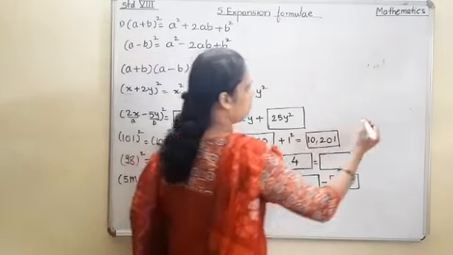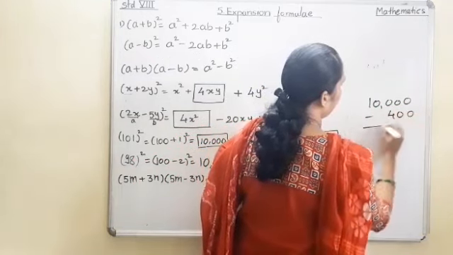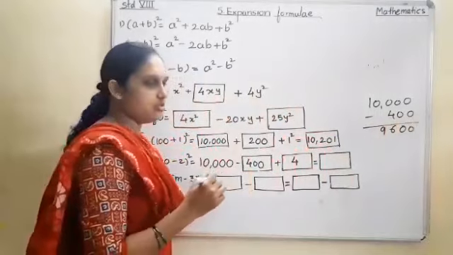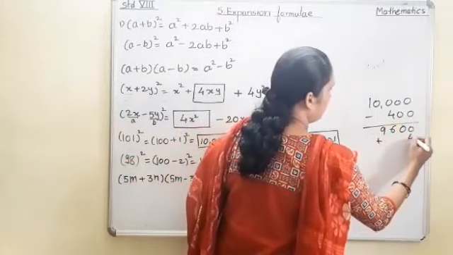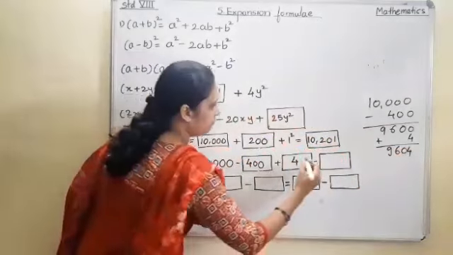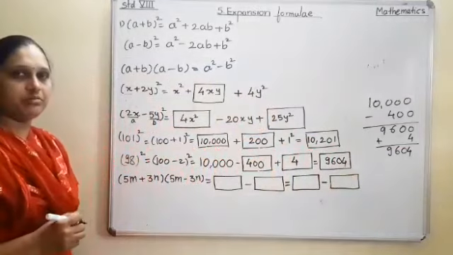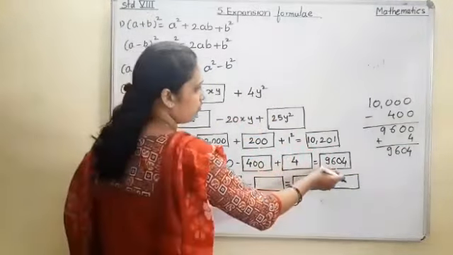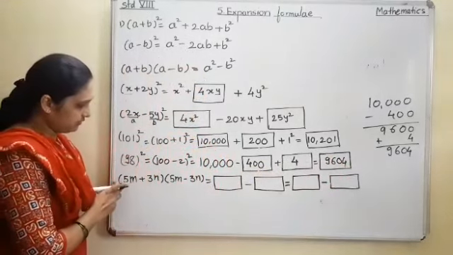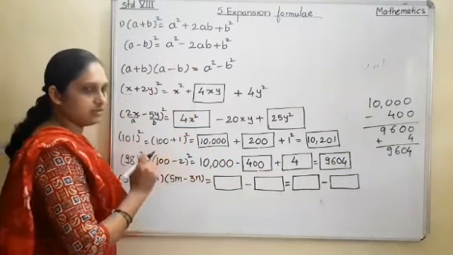And if you do this calculation, 10,000 minus 400, it will be 9,600, and plus 4 we have to do here. So 9604 is the answer for 98 square. So 98 square you can easily find by using the identity.